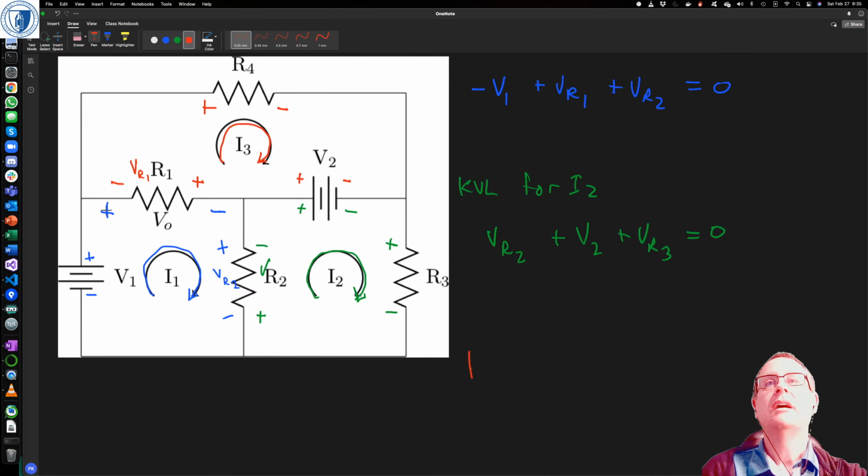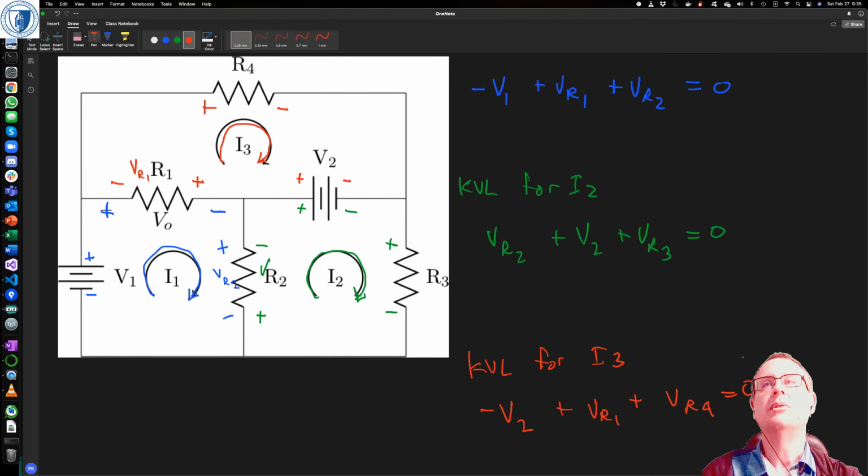And then KVL for I3 gives, now we're going into the negative side of V2, so minus V2 plus VR1 plus VR4 equals 0.